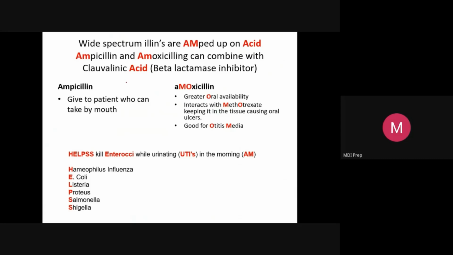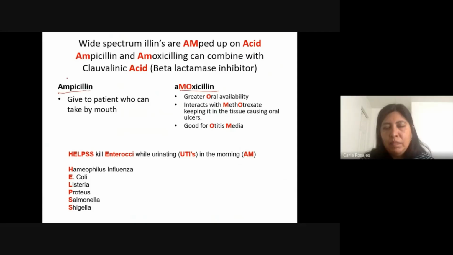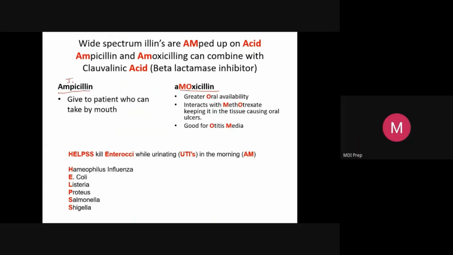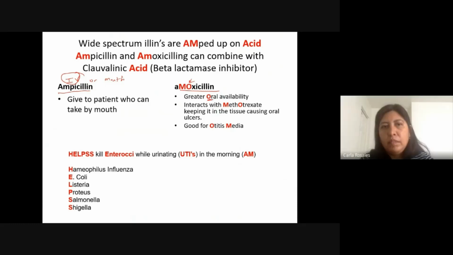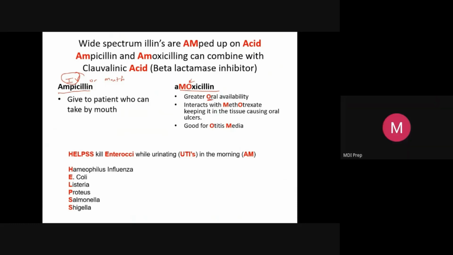So two things you want to know about ampicillin and amoxicillin. Ampicillin you can give by IV or mouth, but typically ampicillin is given IV. Amoxicillin is always by mouth, oral. The MO is oral, and MO also means otitis media, which is like an ear infection.